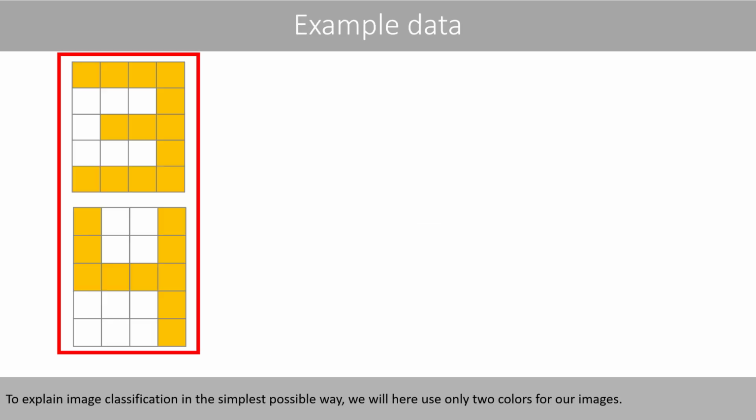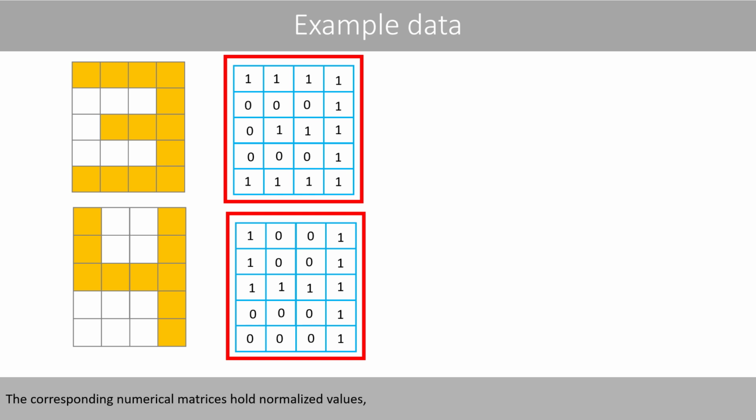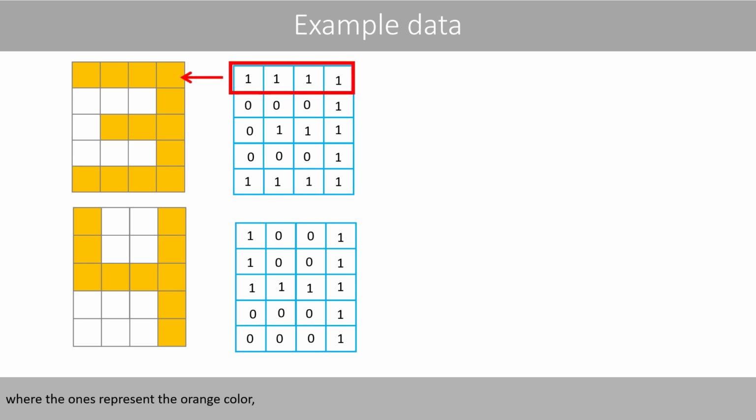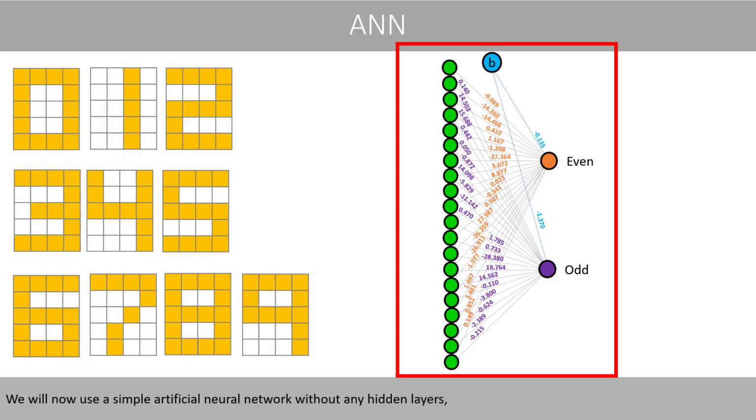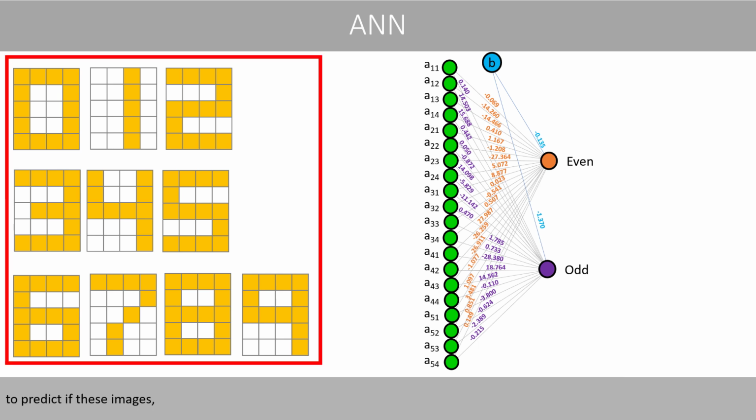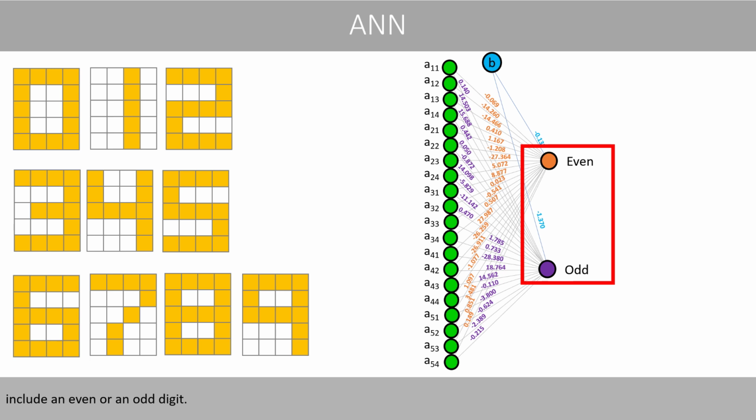To explain image classification in the simplest possible way, we will here only use 2 colors for our images. The corresponding numerical matrices hold normalized values, where the 1s represent the orange color, and the 0s represent the white color. We will now use a simple artificial neural network without any hidden layers to predict if these images include an even or an odd digit.